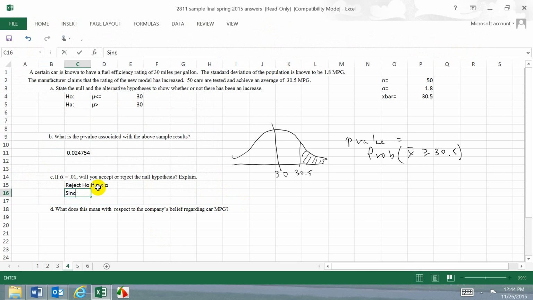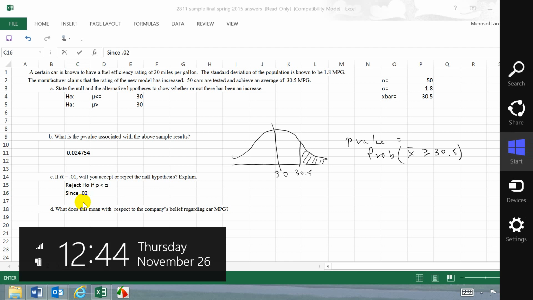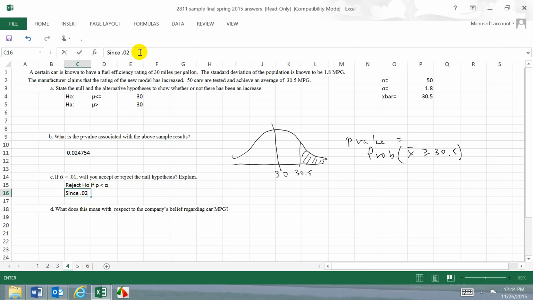So since 0.0247 is greater than 0.01, right? Therefore, we do not reject H0.